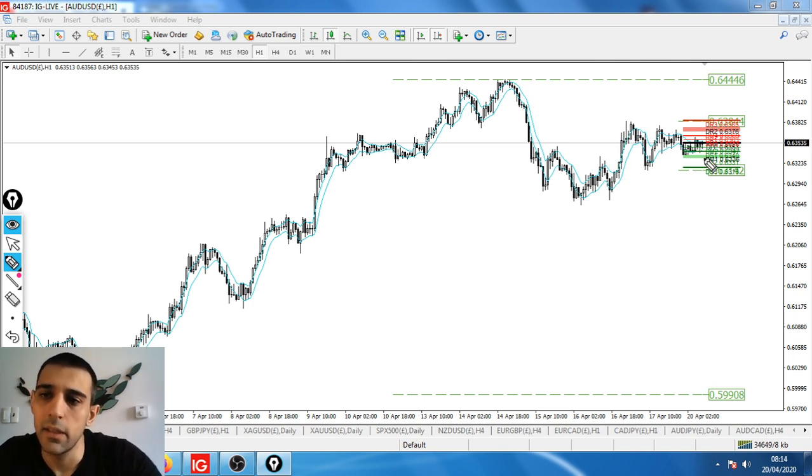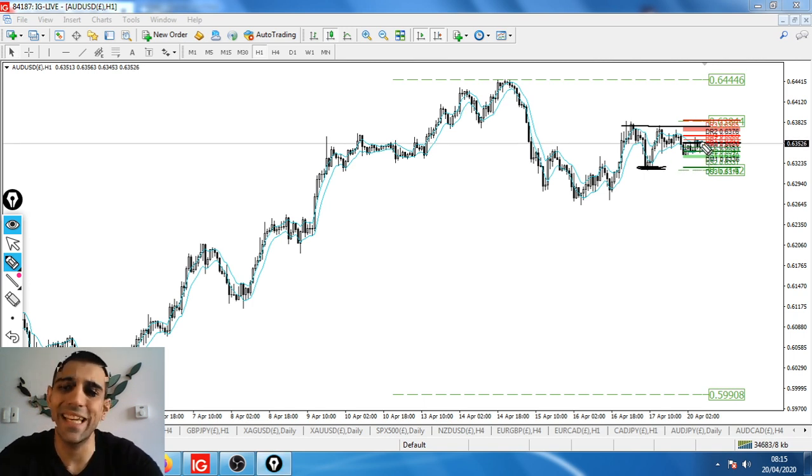So either price is going to break this zone or come down and break this zone down here. For now it's more of a waiting game, so sit and wait and practice your patience really.